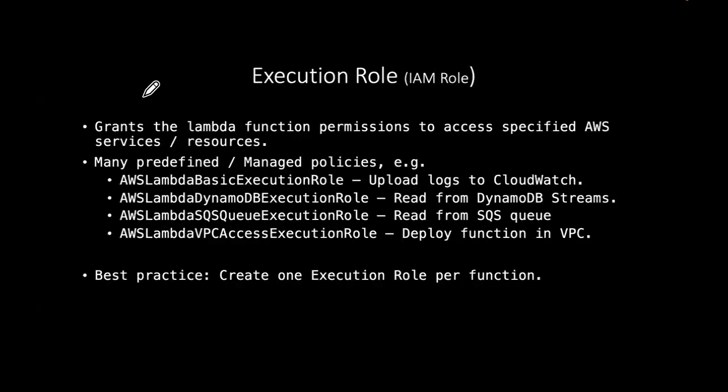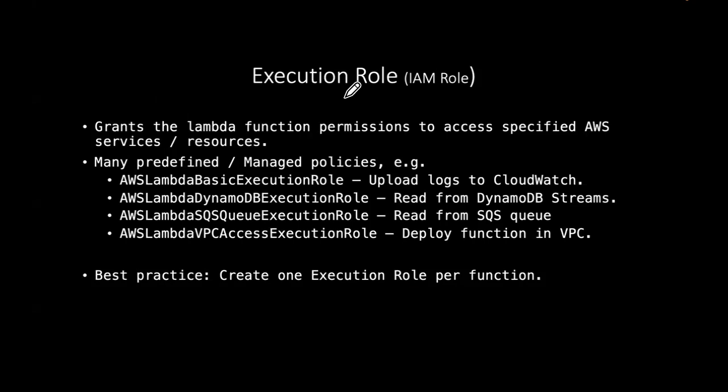Okay, now back to our Lambda functions. When you create a Lambda function, the Lambda service creates what's called an IAM execution role and associates that with your Lambda function. And a Lambda function's execution role controls what other services your Lambda function can communicate with.